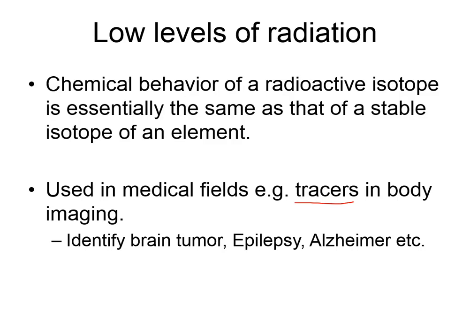So what happens is, you have an atom that undergoes radiation. A person drinks that atom or drinks a substance containing that atom. As the atom is passing through the body, you can use a detector. If there is a tumor, when that radiation gets to that tumor, it will activate a certain type of detection that a doctor can use.